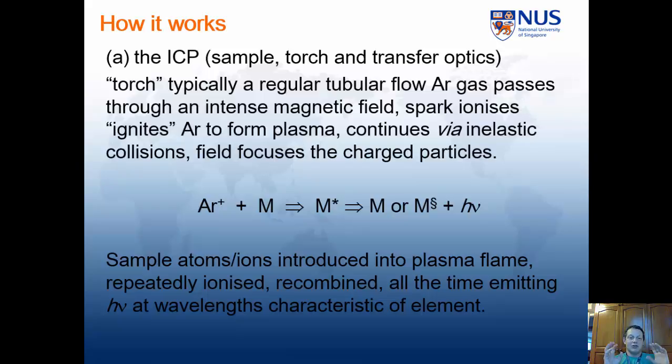It's not a flame, it looks like a flame. The magnetic field focuses these charged particles, and so that gives you the background matrix in which you're going to do your analysis. I've called it a plasma flame purely because it looks like a flame, as you'll see in a moment, but actually this is much hotter than any flame that you're going to get.